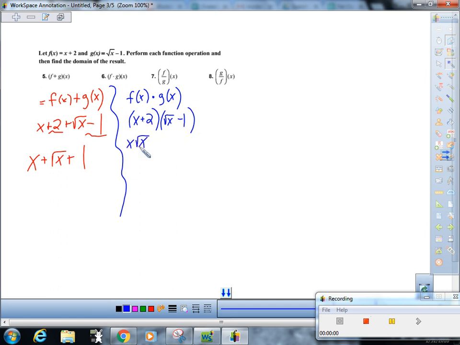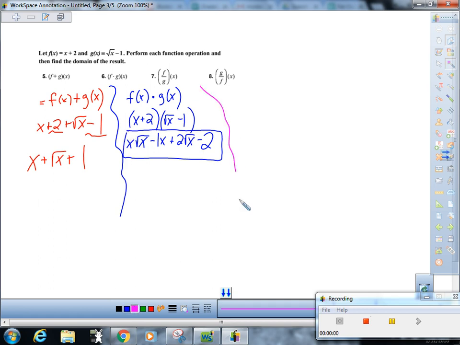You could call it x to the 3 halves, but just leave it like that if you want. Outside, minus 1x. Inside, plus 2 radical x. Last, minus 2. Are any of those like terms? Well, radical x and radical x could be added, but that's 2 plus x radical x. I don't think that's any more simple, so I'm just going to leave it like that. I would encourage you to get them right and not worry too much about simplification.